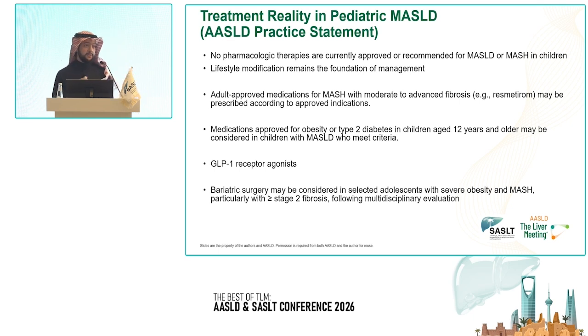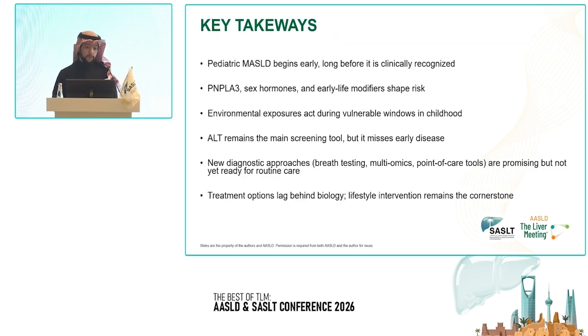For GLP-1 receptor agonists, there are extremely limited studies. The last one was done at the Children's Hospital of Philadelphia, where they found it really beneficial in kids who have MASLD and obesity, improving the liver enzymes. Bariatric surgery is one solution, especially in kids with severe obesity.